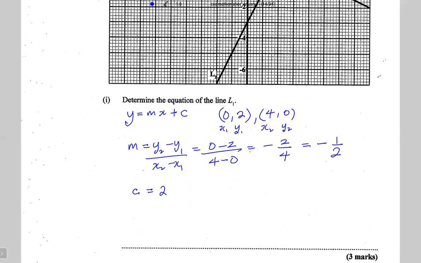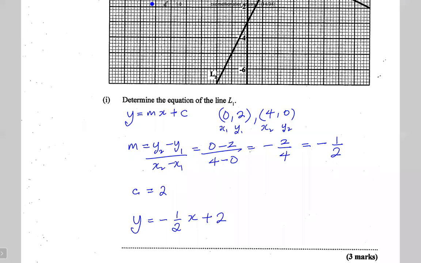Once I know both, I know the equation of the line. So the equation of the line L1 is y is equal to m, the gradient, minus a half x, plus c, the y-intercept, which is 2. So y is equal to minus a half x plus 2.